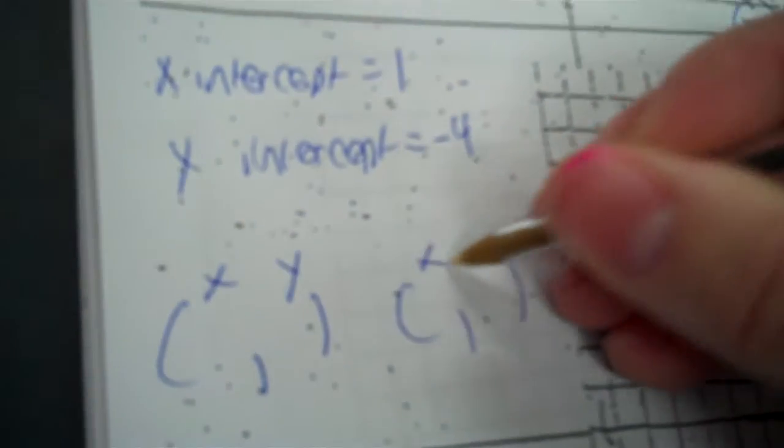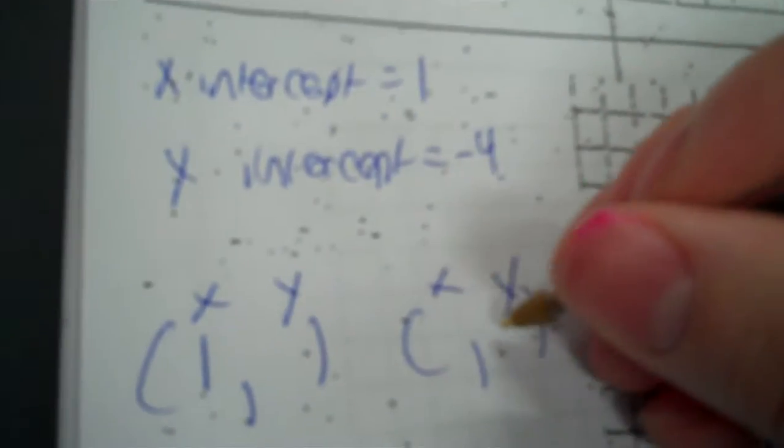Okay, next problem. The x-intercept is 1, the y-intercept is negative 4. So again, we make those into separate coordinates, x, y, x, y. The x-intercept's 1, the y-intercept's negative 4. Those go in different points, so 0, 0. Again, x, y.